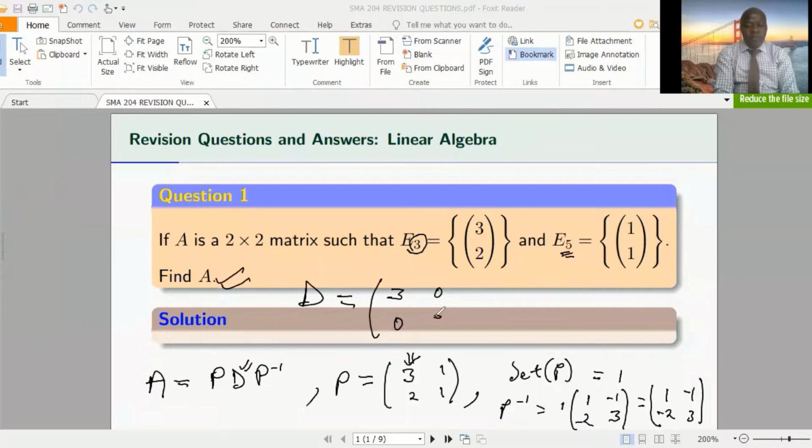So 5 comes second. So then this is D, and this is P, and this is P inverse. So now we just need to find A. Let me create some space again.